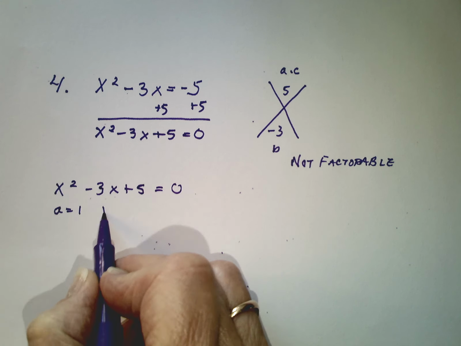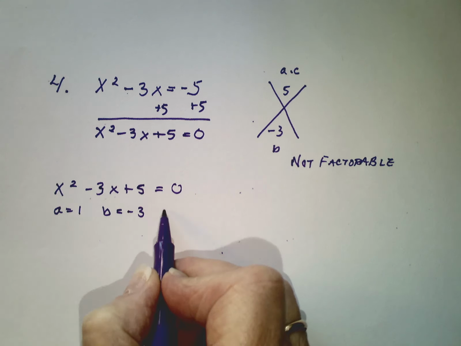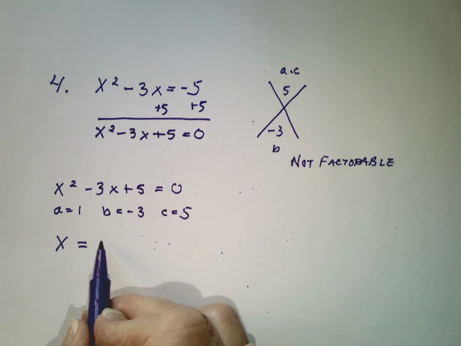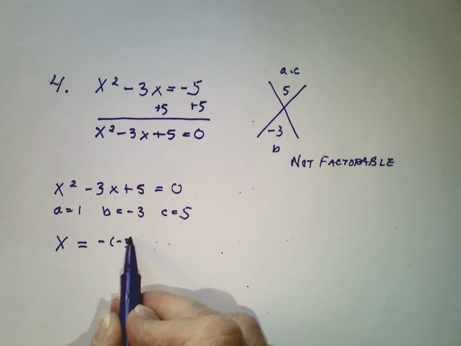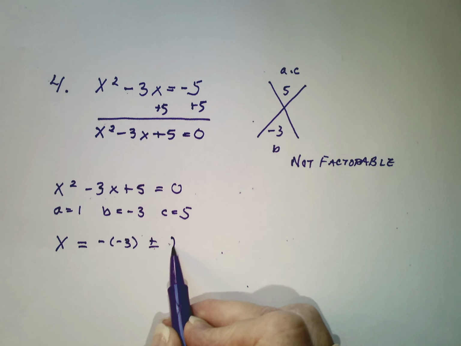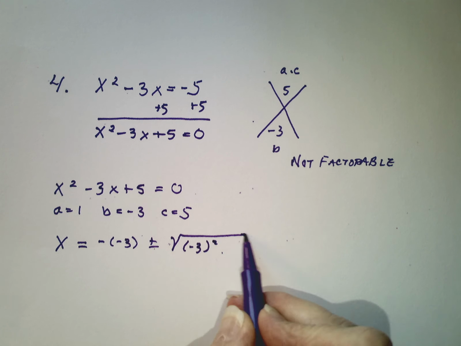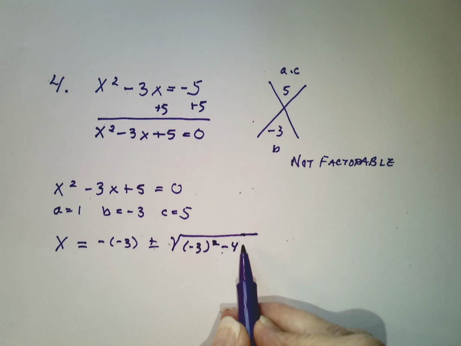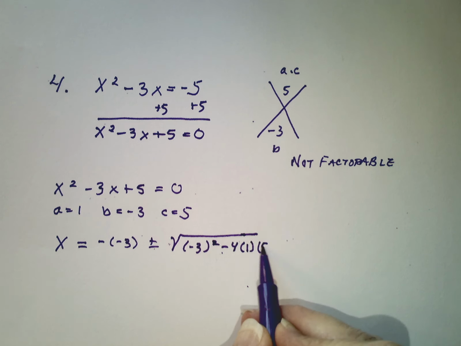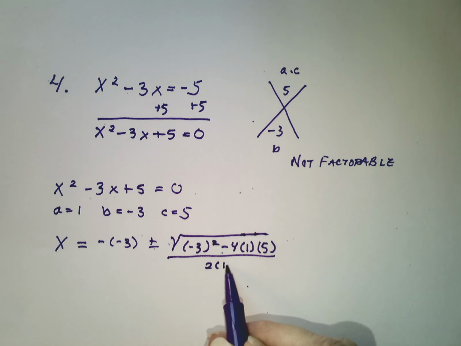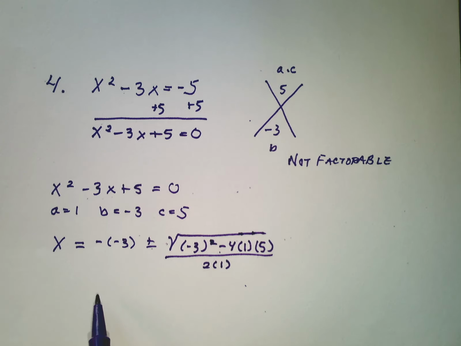So A is 1, B is negative 3, C is 5, and X is the opposite of B, plus or minus the square root of B squared minus 4 times A times C all over 2 times A. Sorry, all over.